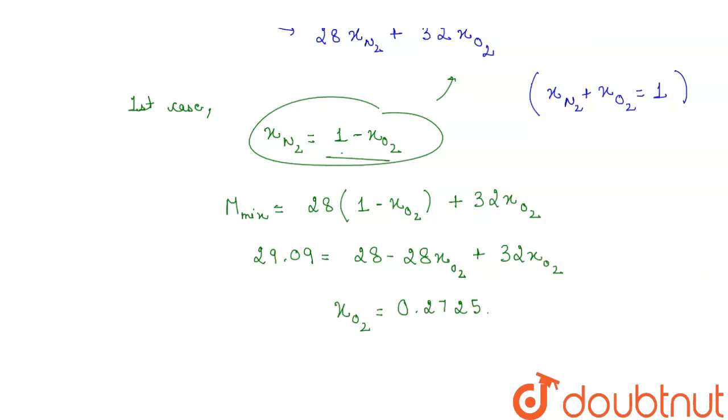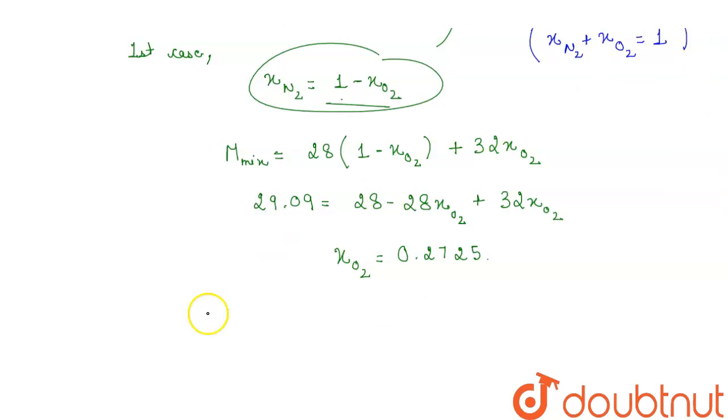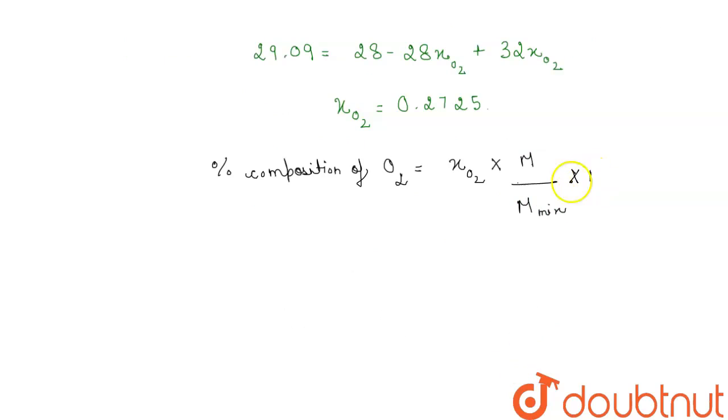that is 0.2725. Now, the percentage composition of O2 in the mixture will be the mole fraction of O2 into its molecular mass divided by the mass of the mixture into 100. Now let's put the values.